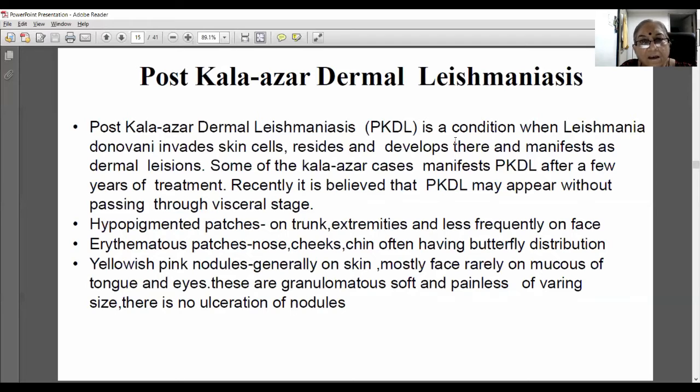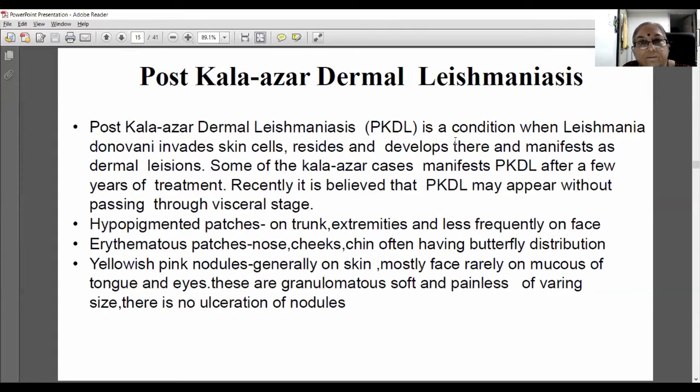Some Kala-Azar cases manifest as post Kala-Azar dermal leishmaniasis after a few years of treatment. Recently, it is believed that post Kala-Azar dermal leishmaniasis may even appear without passing through the visceral stage.